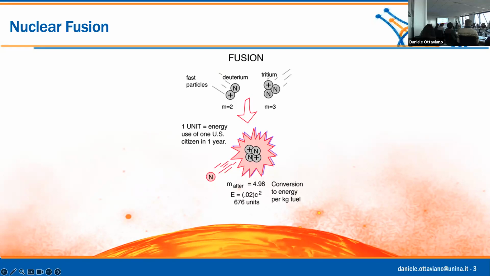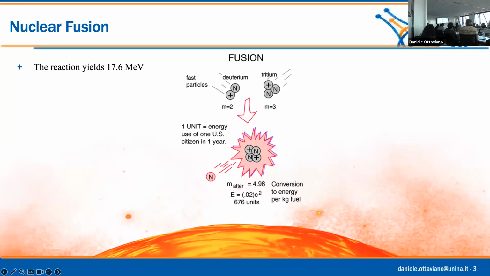This kind of fusion reaction is very energy efficient. The reaction yields 17.6 mega electron volts. Translated, taking 1 kilogram of fuel, you'll have 676 units, where 1 unit is the energy used by 1 US citizen in 1 year. So with only 1 kilo of fuel.